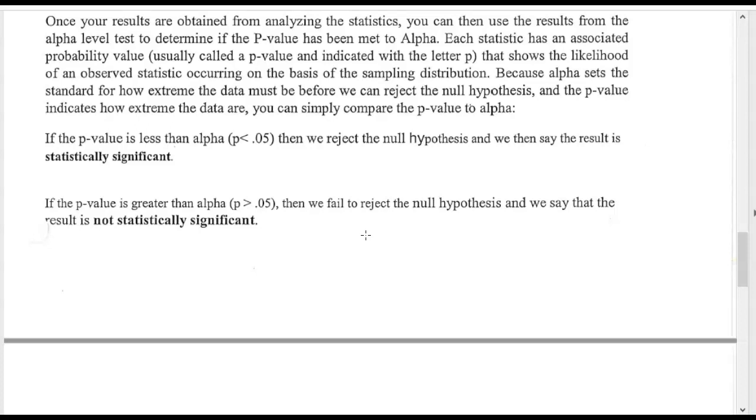So if I'm predicting male-female differences, that's what I want my hypothesis to show. So I'm kind of hoping that p will be less than 0.05 here, because that would tell me that I can reject the null and that there is a statistically significant difference.